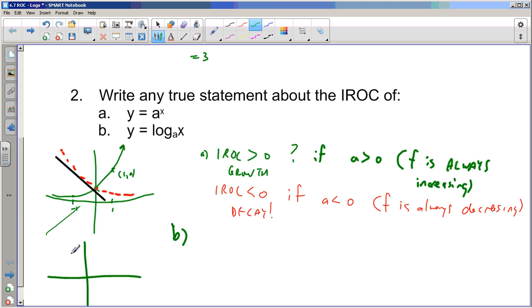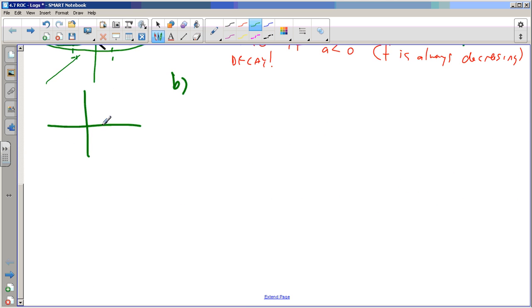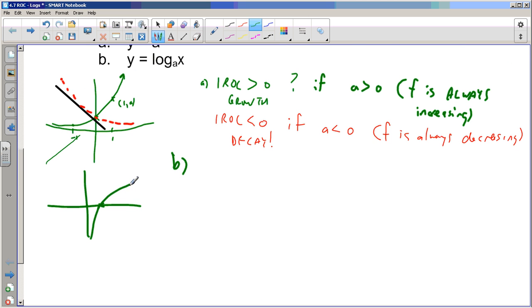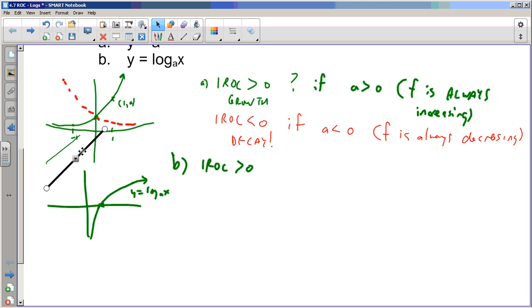We think of our log functions as going through this point and then going like this, basically the inverse of this green one. This is y equals log base a of x, and the IROC is greater than 0, because wherever I find the tangent line, it's always going to be positive.